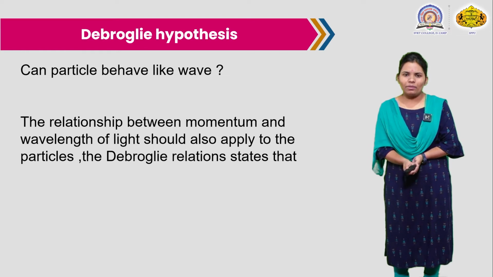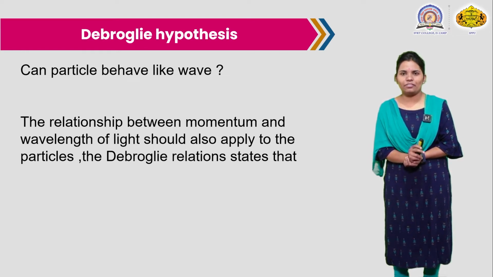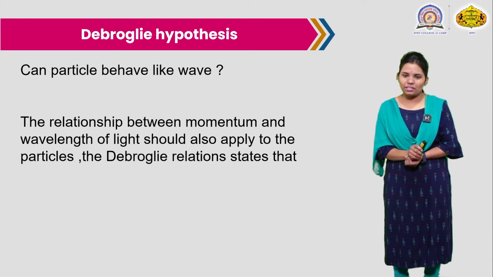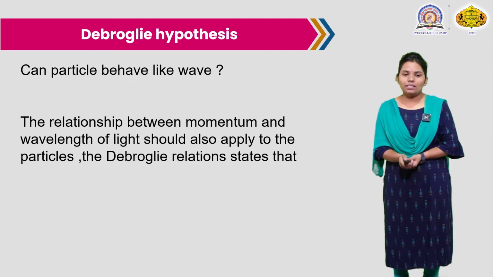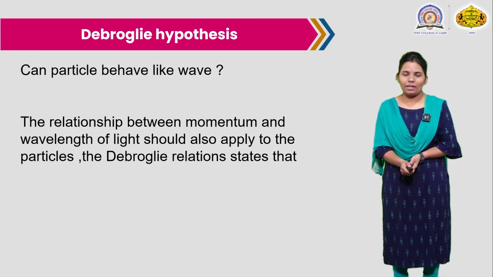Can a particle also behave like a wave? A wave has two properties, interference and diffraction. Can a particle have these two properties? From that conclusion, he stated that the relationship between momentum and wavelength of light should also apply to particles.